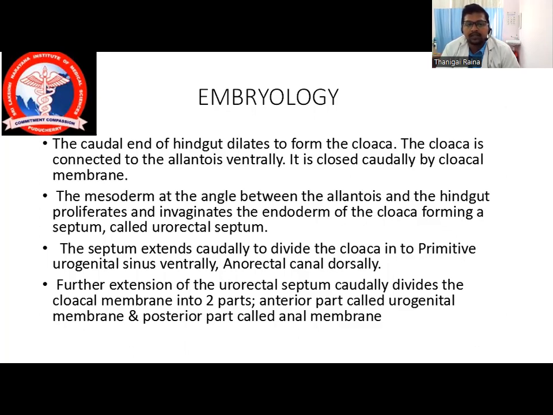So the septum extends caudally to divide the cloaca into a primitive urogenital sinus ventrally and the anorectal canal dorsally. Further extension of the urorectal septum caudally divides the cloacal membrane into two parts. That is, the anterior part is called the urogenital membrane and the posterior part is called the anal membrane. So this sums up the embryology of the anal canal and the urinary tract.